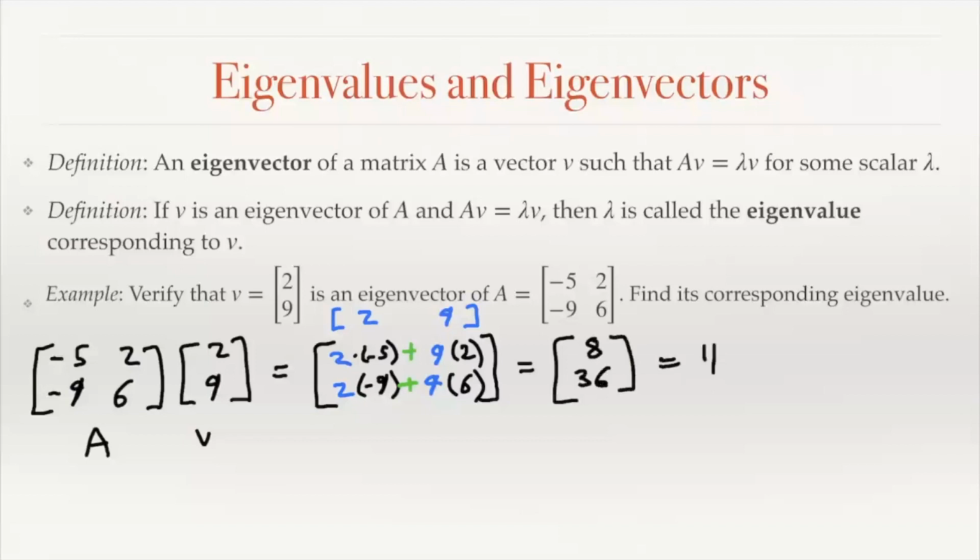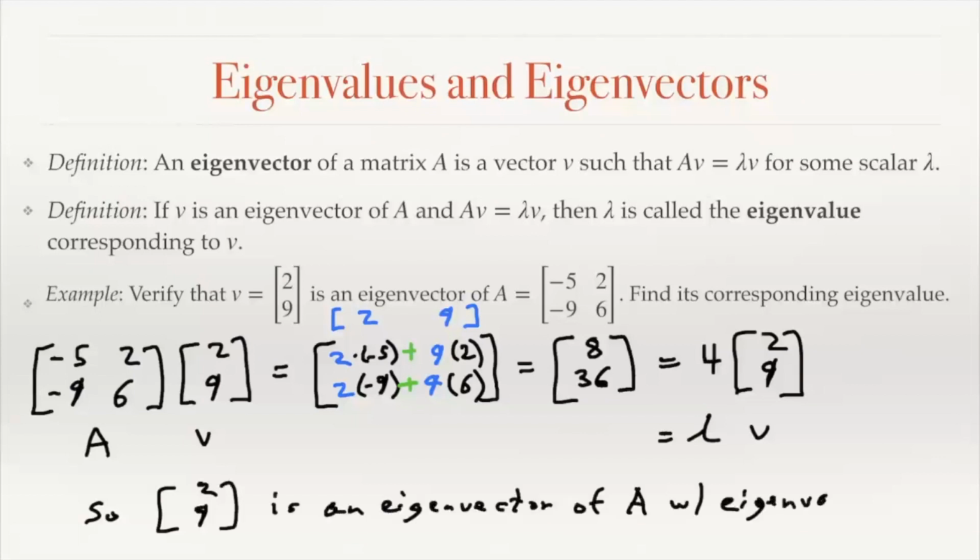We can pull out the 4, and it is the same as 4 times 2, 9. So that's our Av equals lambda v. So we would say that 2, 9 is an eigenvector of this matrix with eigenvalue 4. This is a direction in which the matrix stretches it by 4.